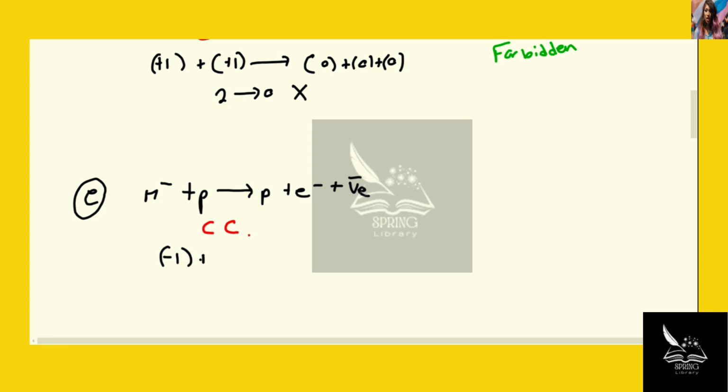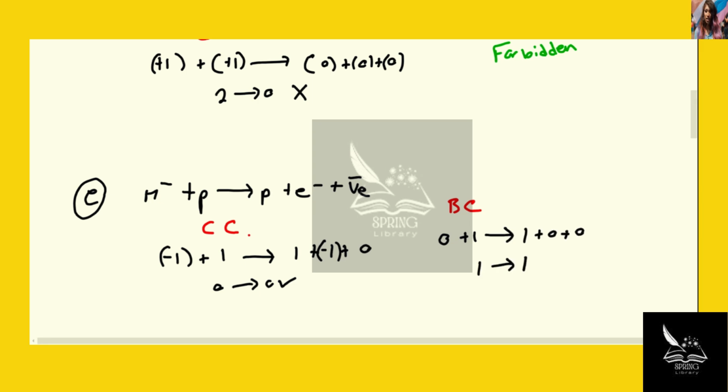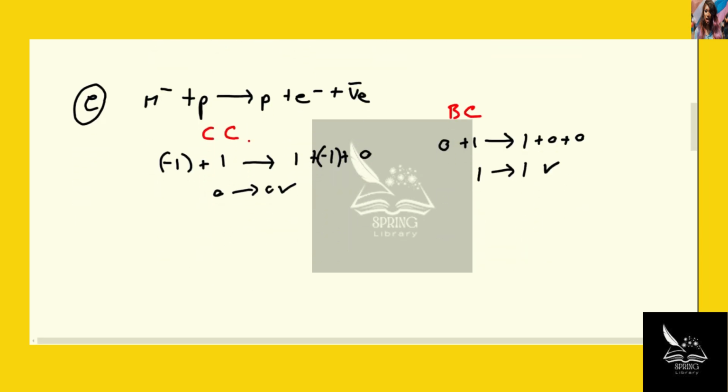It looks like we have negative 1 plus 1, going to 1 plus negative 1 plus 0. So we have 0, 0, so that checks out. Now we have the BC. That's going to be 0 plus 1 going to 1 plus 0 plus 0. So it's 1 to 1, and again, that checks out.